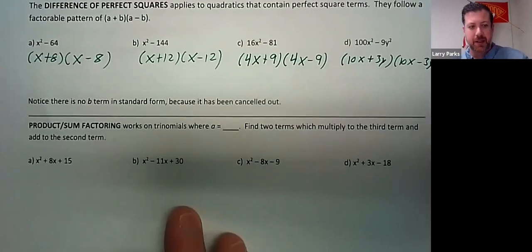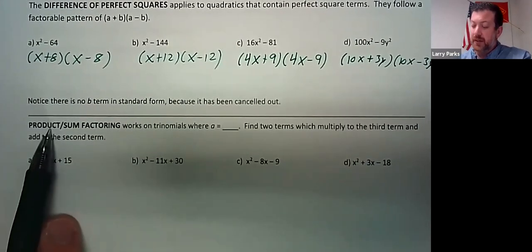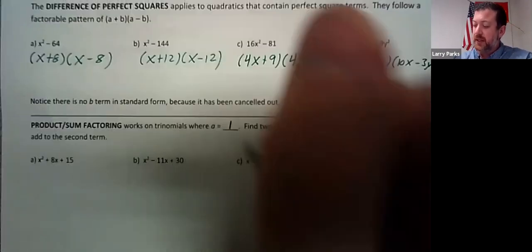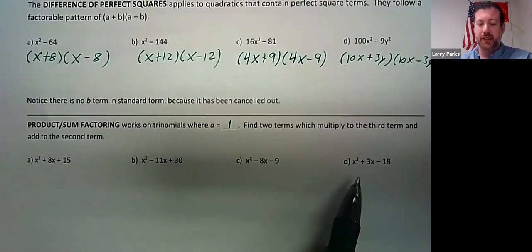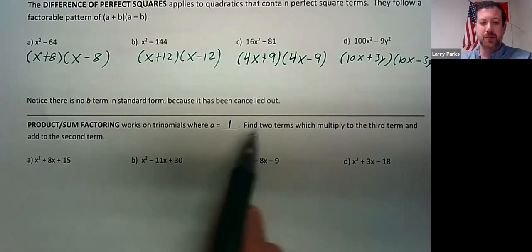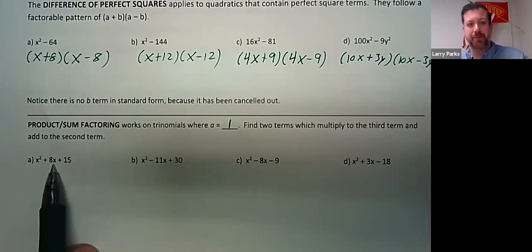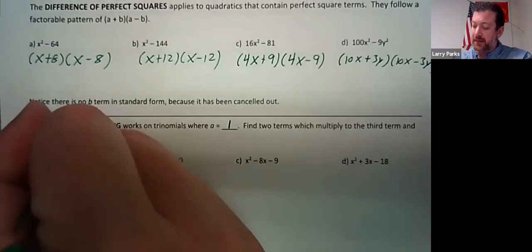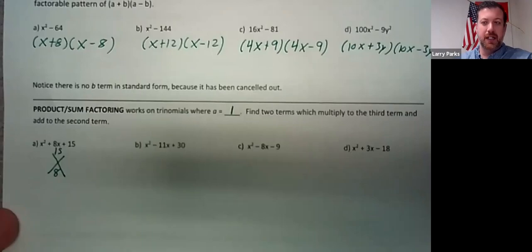We also talked about what you do when you could do product sum factoring, but it only works when a is 1. So notice 1x squared, 1x squared, 1x squared, 1x squared. All you do is you find the two terms which multiply to the third term, but add to the second. So you say, okay, what multiplies to 15 and adds to 8? That'd be 5 and 3.